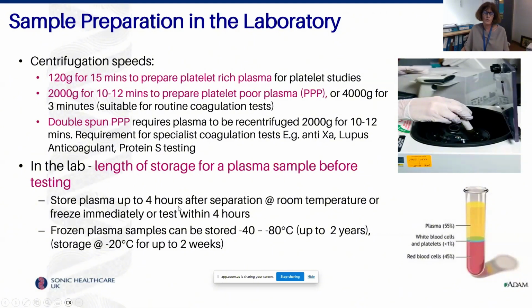And then we can store that plasma that we've just made, we can leave it at room temperature or freeze it immediately. And then we can store it in a freezer, sometimes for up to 2 years if we have -80. And for -20, we can only usually store the frozen plasma for 2 weeks. And then the quality of the sample goes down.